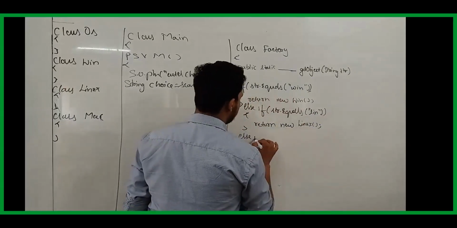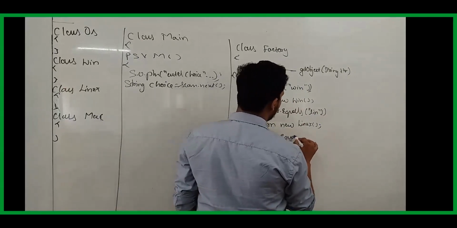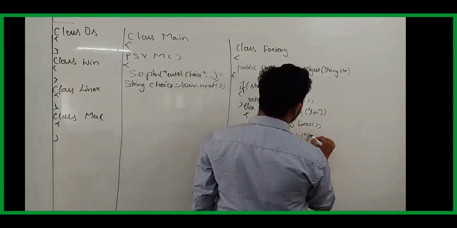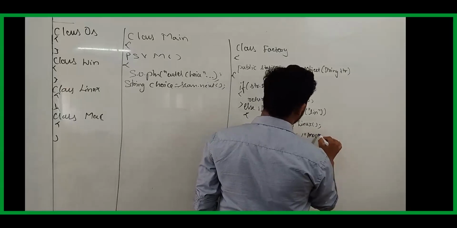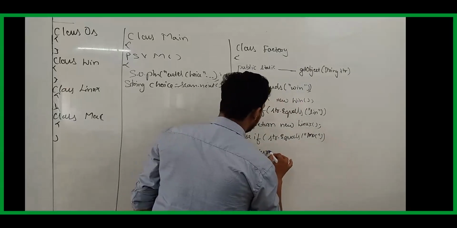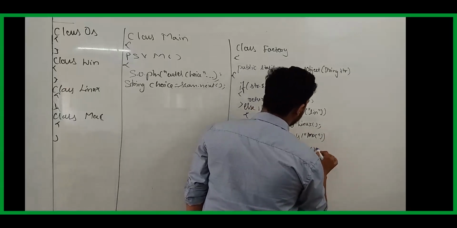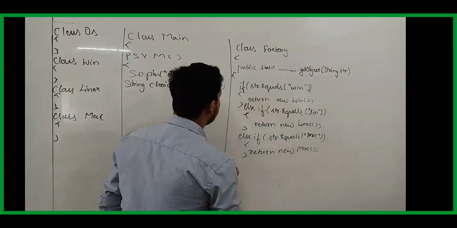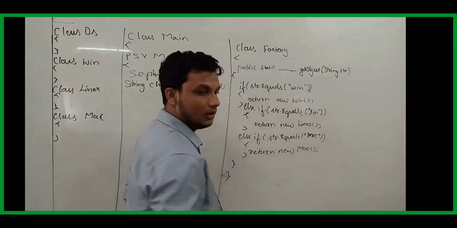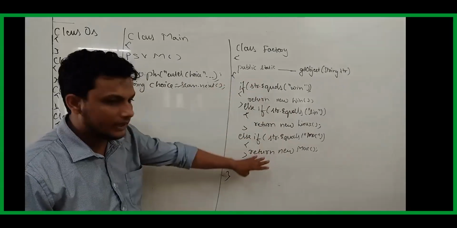Otherwise, else if str.equals Mac, when the user enters Mac, I'll return new Mac. Guys, carefully listen. Don't write anything or use your laptop or phone. This is an important concept. Now tell me, is this condition clear?